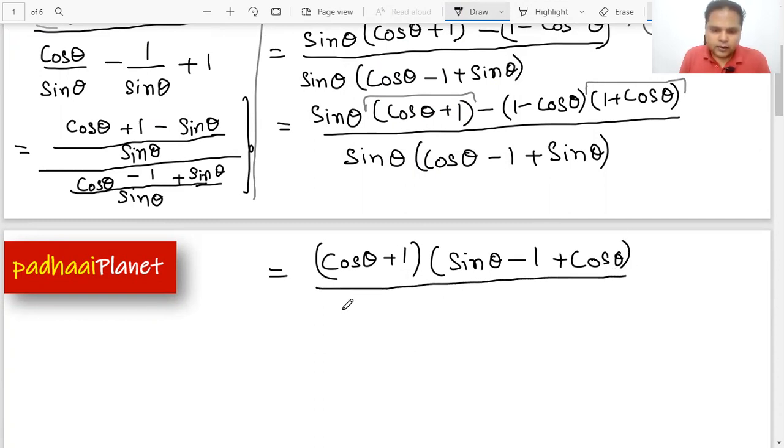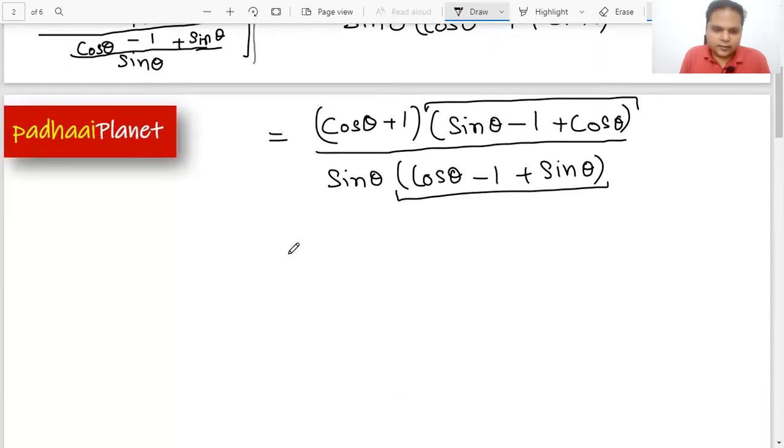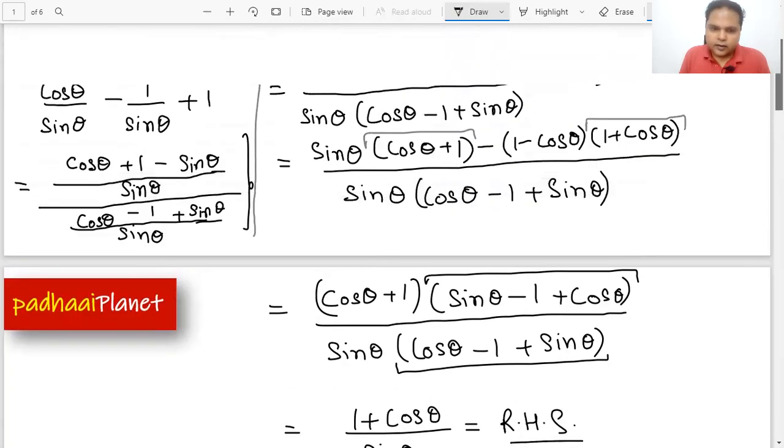Divided by sine theta, and we have the same thing, which is cos theta minus 1 plus sine theta. Now this whole bracket gets cancelled with this, and we finally get 1 plus cos theta over sine theta, which is nothing but the RHS of the equation we had here.